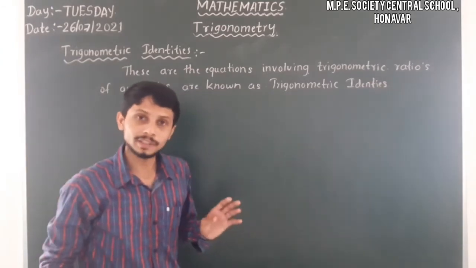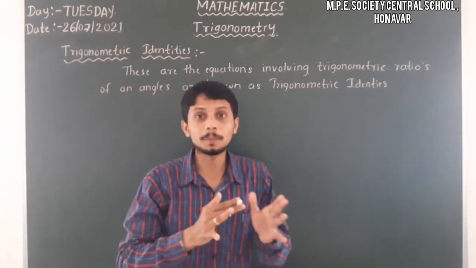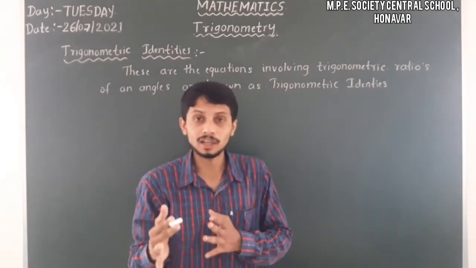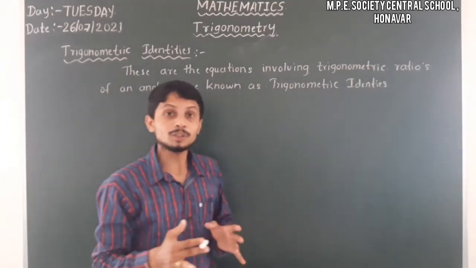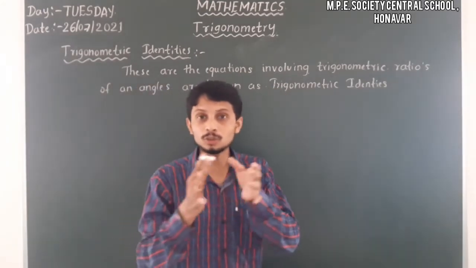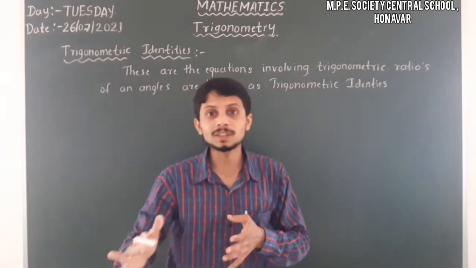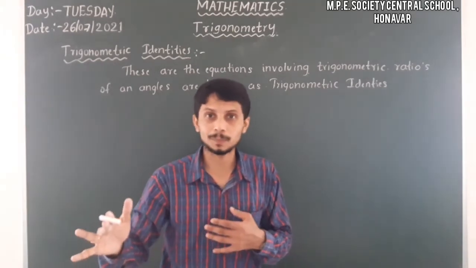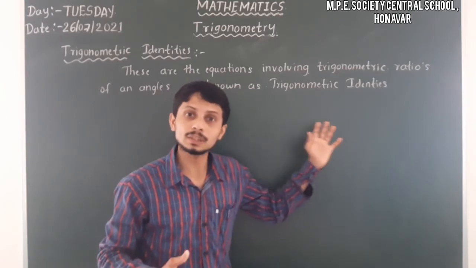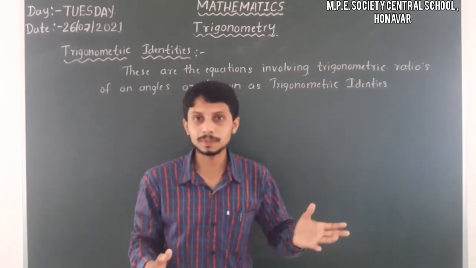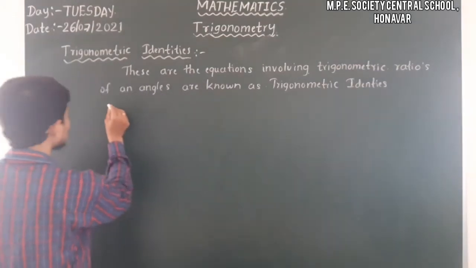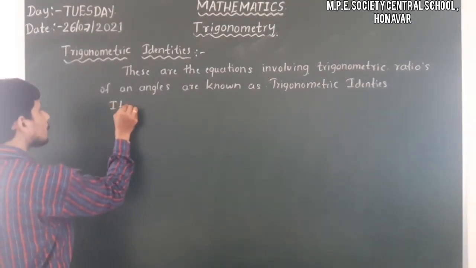As you already know, we have trigonometric ratios of some specific angles. It is found that these trigonometric identities hold good, that is, they are true for all the specific angles and all the angles possible.